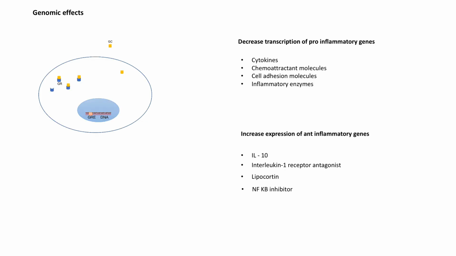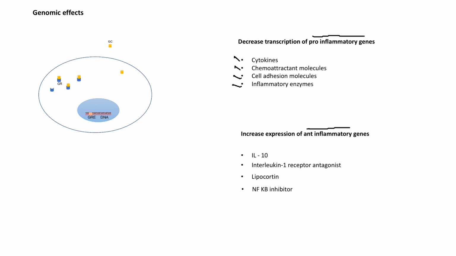Now let's see which genes are inhibited by glucocorticoids and which genes are activated. Glucocorticoids decrease transcription of pro-inflammatory genes. These are genes for cytokines, chemoattractant molecules, cell adhesion molecules, and inflammatory enzymes. And glucocorticoids increase expression of anti-inflammatory genes.